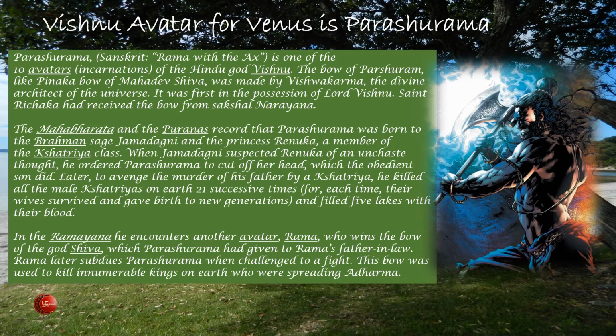In the Ramayana, he encounters another avatar who is Rama, who defeats him because he was stronger and he had the bow from the god Shiva. So what we find here in the story is that strength is given to us, but it can also be taken away, and that we shouldn't be doing things without thought.